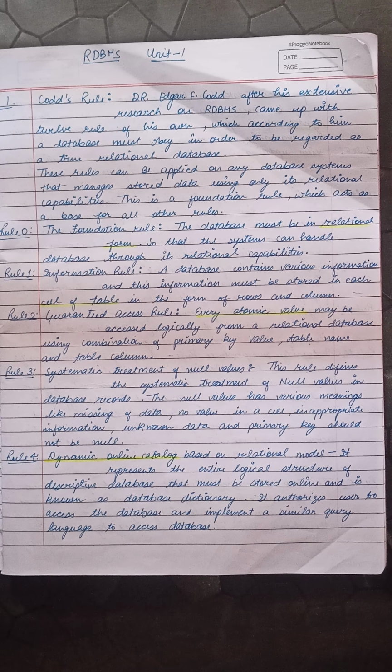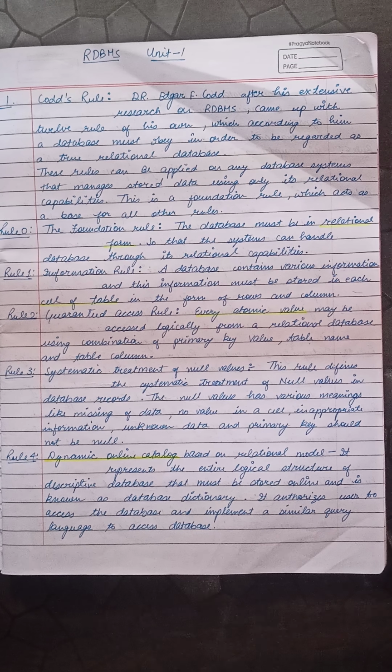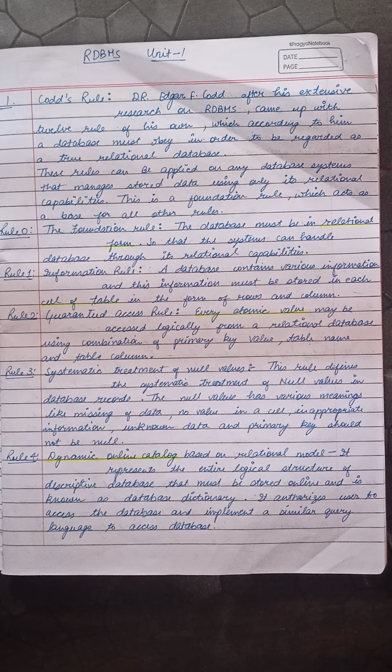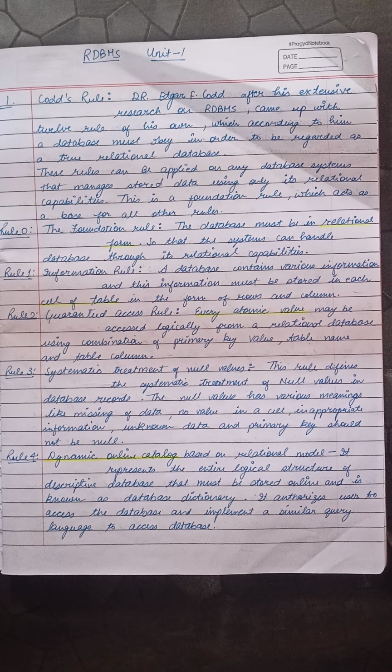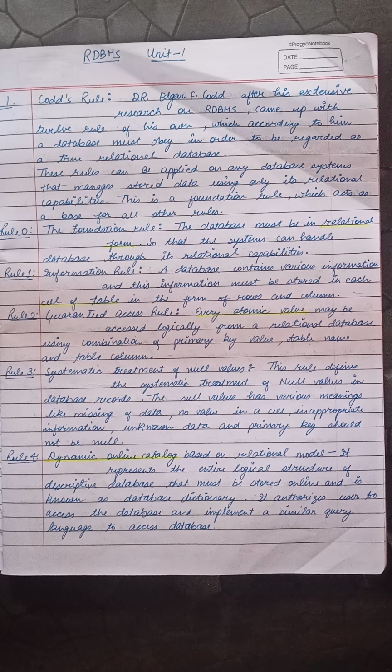So rule 0 says you must have a table, rule 1 says that in that table the data should be stored in each cell, and the next rule says that when you store the data, you must be able to access that data anytime by using the primary key value, table name, and table column.